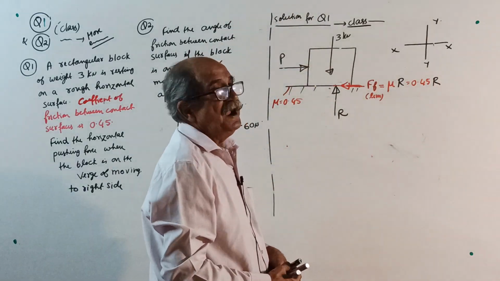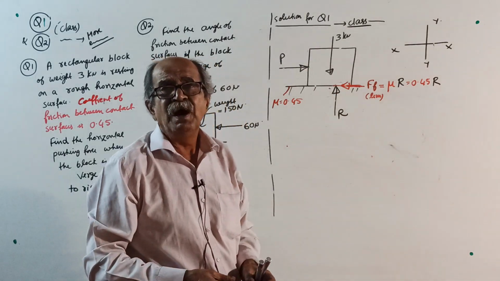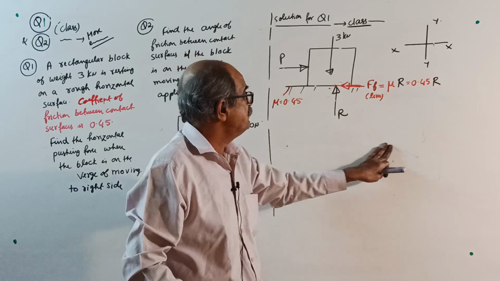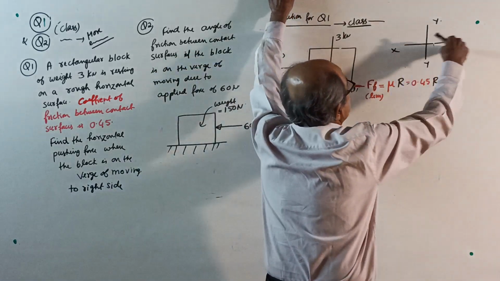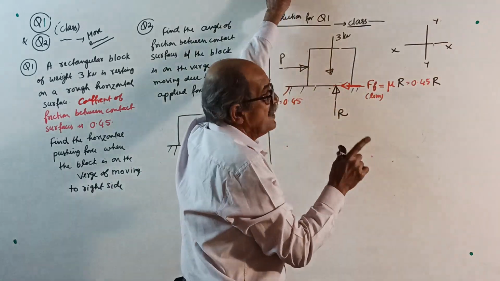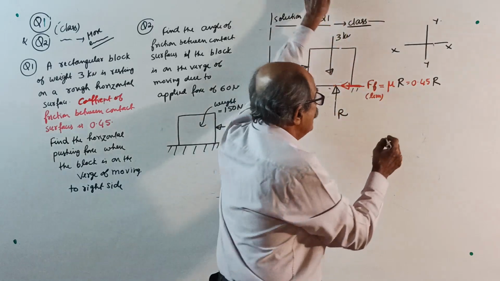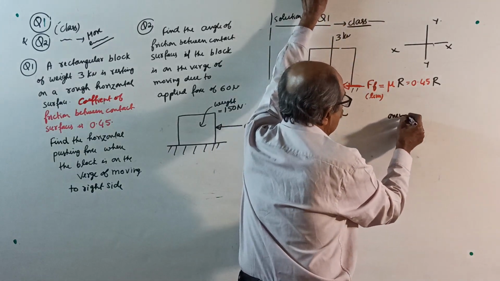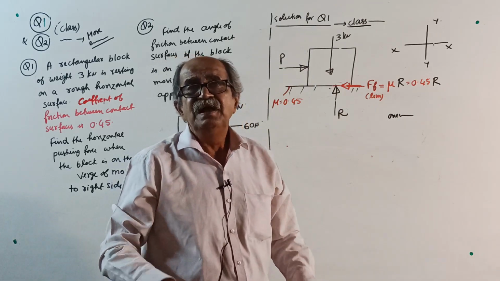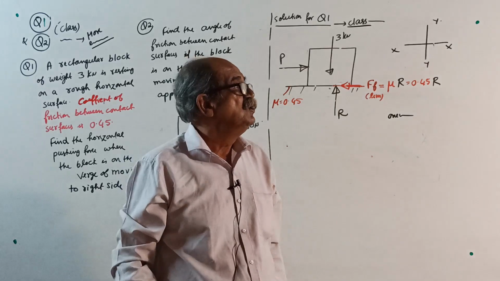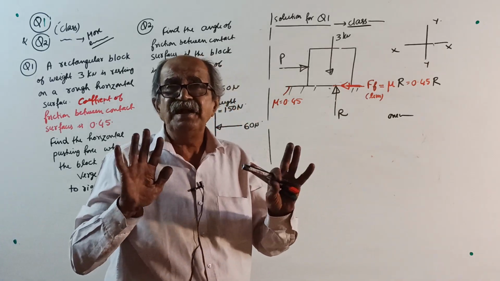Then I told once again, instead of sigma H and sigma V, in the friction chapter I am going for sigma Fx, sigma Fy. So xx, yy. Now, one more statement. Since the body is on the verge of moving, it has still not moved. So it is still in static state.